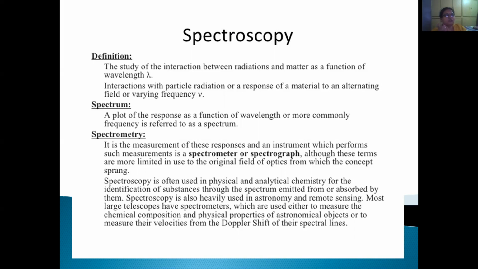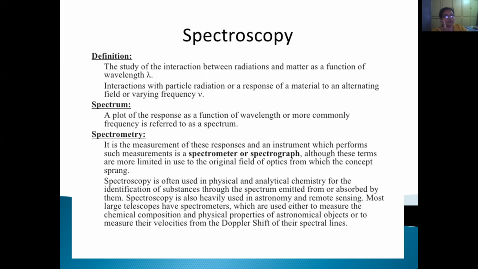Okay? So a spectrometer is the instrument which we use to measure spectra. Actually this spectroscopy is used in physical and analytical chemistry for identification of substances through the spectrum, either emitted or absorbed.